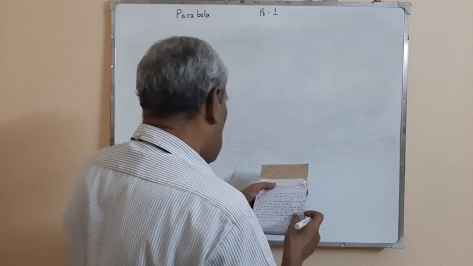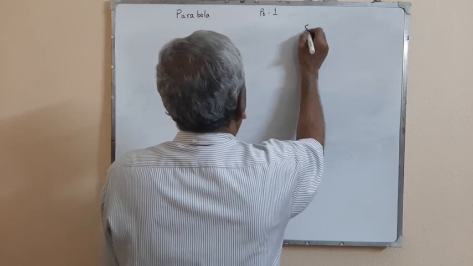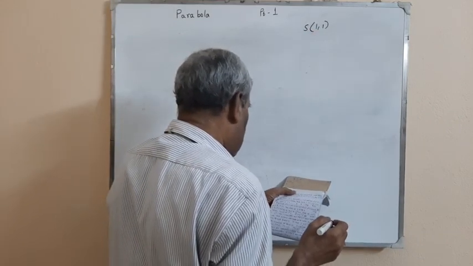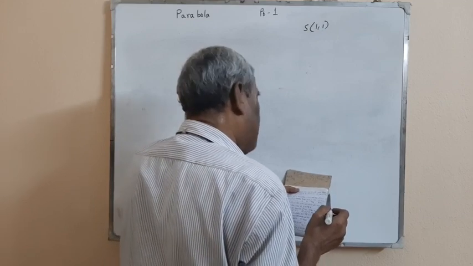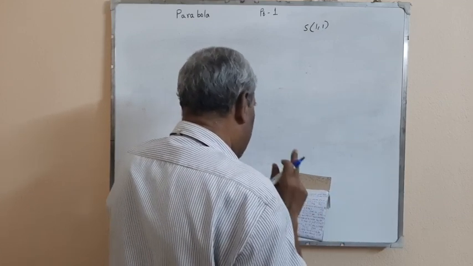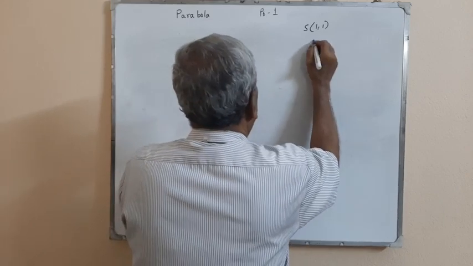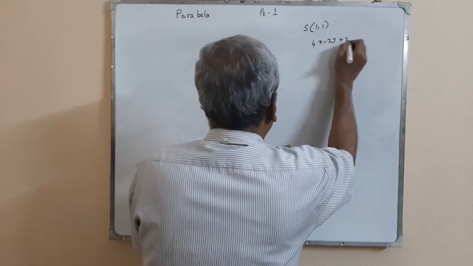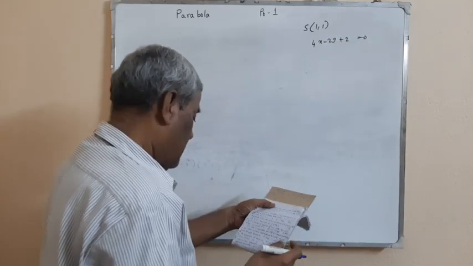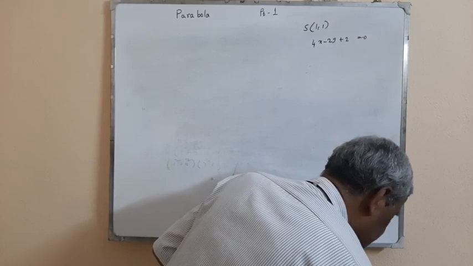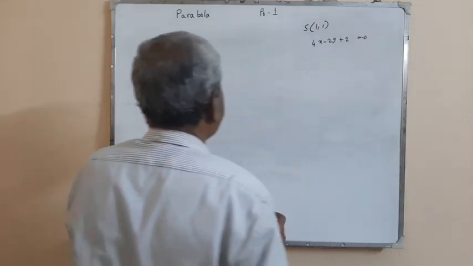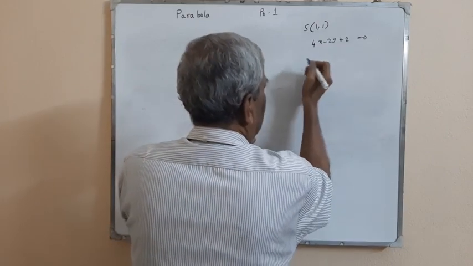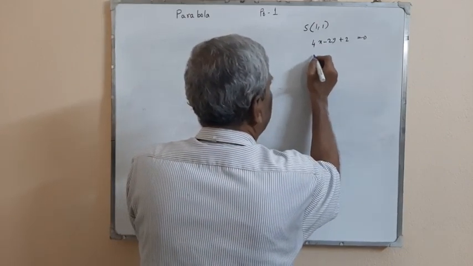The focus of a parabola is (1, 1), and the equation of the straight line perpendicular to the axis and passing through the vertex is 4x minus 2y plus 2 equals 0. Then find the length of the latus rectum of the parabola. Let us see what is given. Suppose this is a parabola.